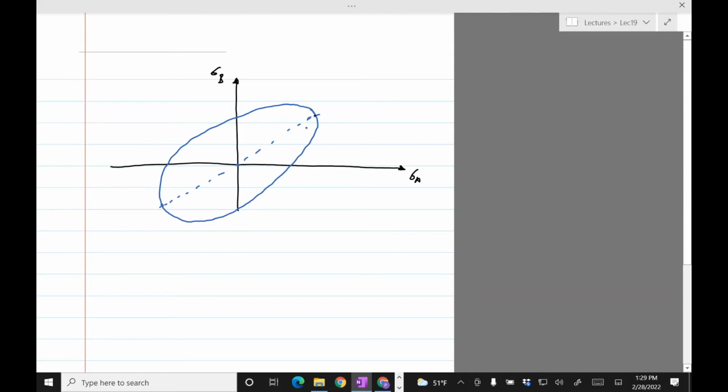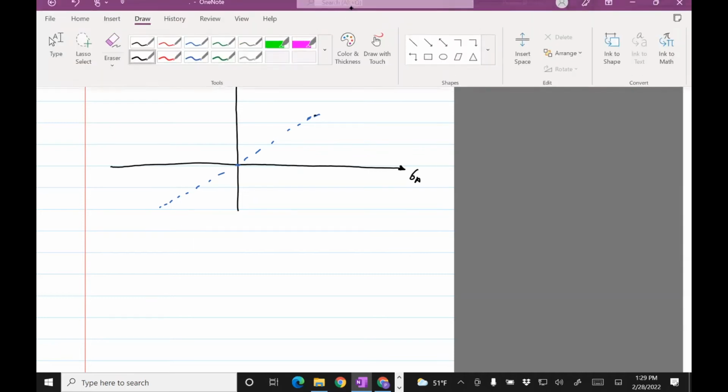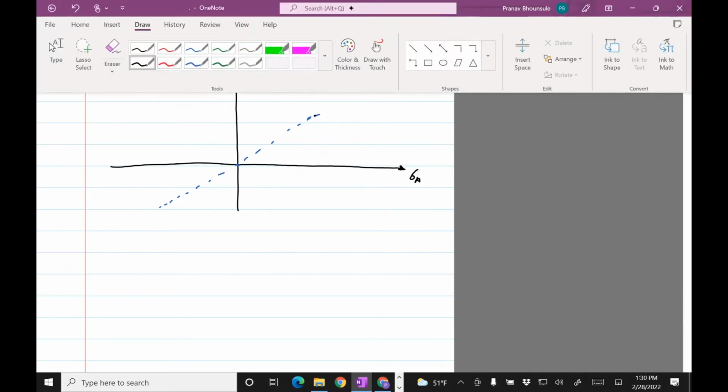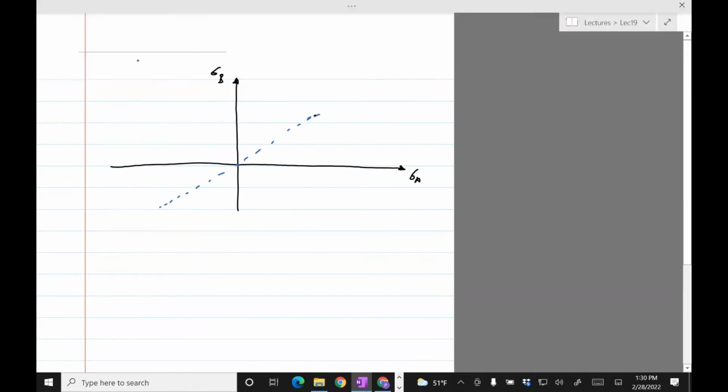Let me just redraw it. A better way to draw it is to first draw the maximum shear stress theory. Let's just draw that first.